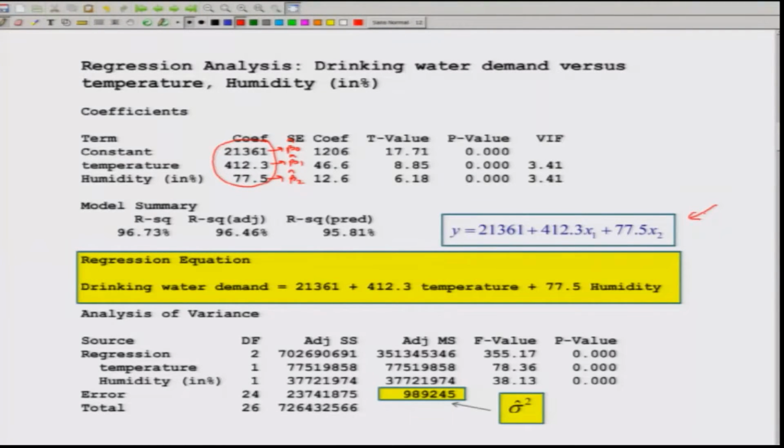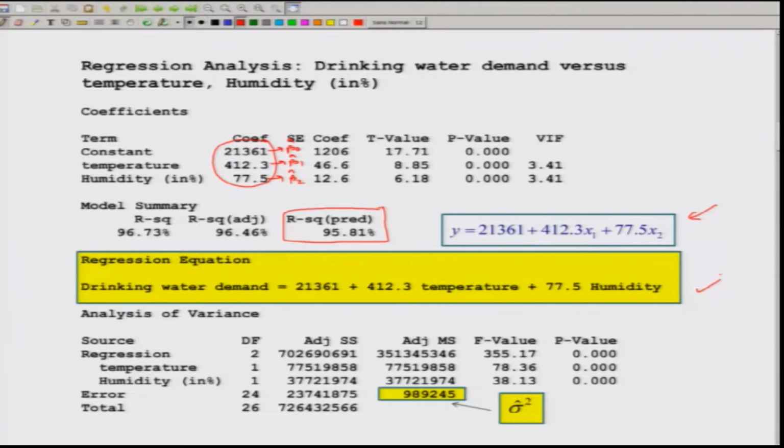Besides r square and r square adjusted, we also have here r square prediction, and this is giving us a confidence that if we use this model for forecasting, then the model is going to behave well. So, now we have this regression model.